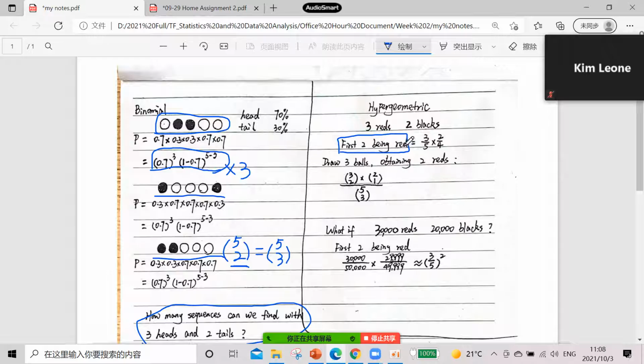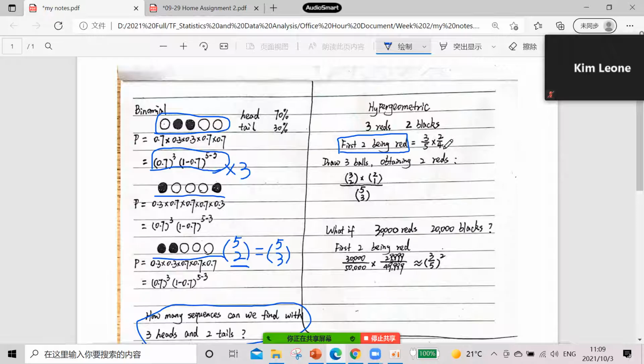The probability is simply 3 over 5 times 2 over 4, because for the first drawing, I need it to be red. What is the probability? I have 5 in total, 3 reds. My probability was just 3 over 5. And then, because I'm not putting my ball back into my box, now my box only has 4 balls in total, and among which 2 balls are red because I have already drawn one red ball out of the box.